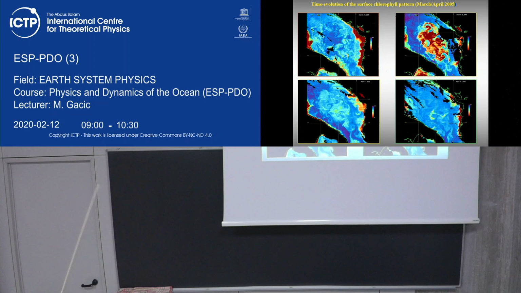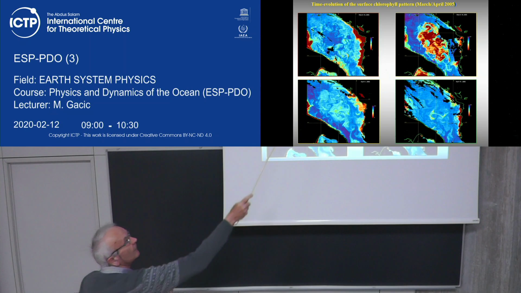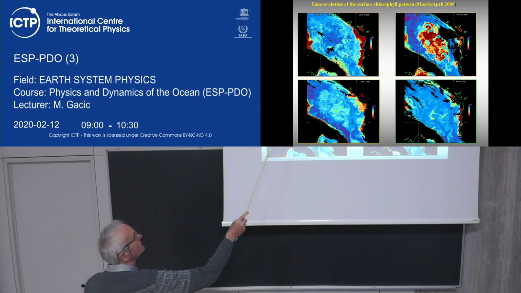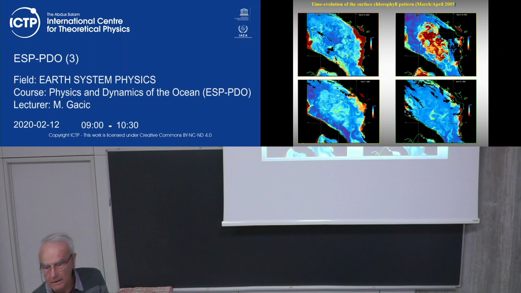In order to interpret these images, we have to look also at the atmospheric conditions. If we have continental cold, dry air flowing over the ocean, so that means the wind blowing from the continent toward the ocean, then we would have conditions favorable for the dense water formation.